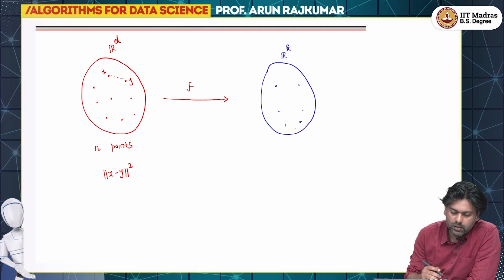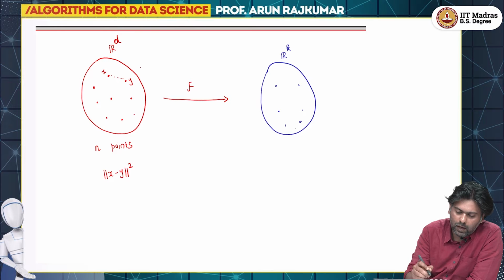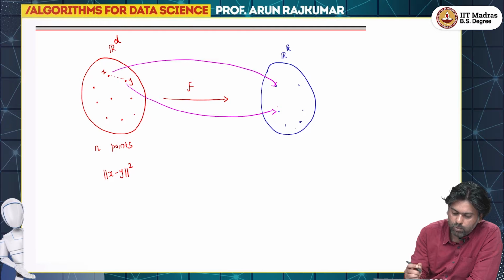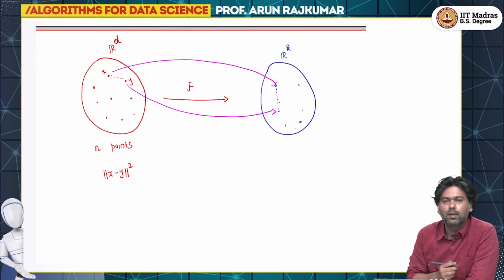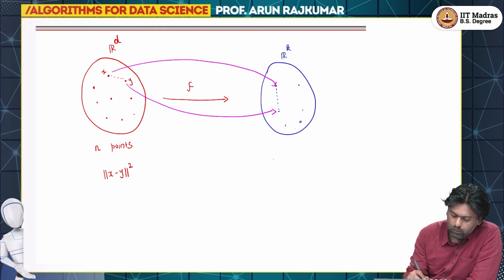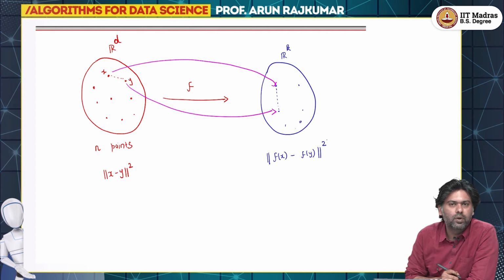Now x gets mapped to this point and y gets mapped to this point. Now I want to compare it with the distance that I get after I do the map, which is f of x minus f of y.